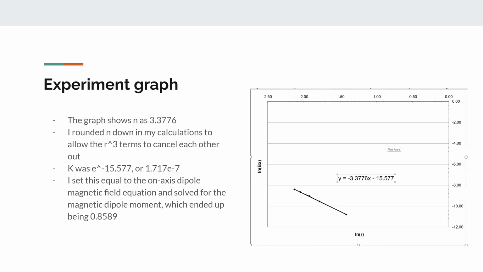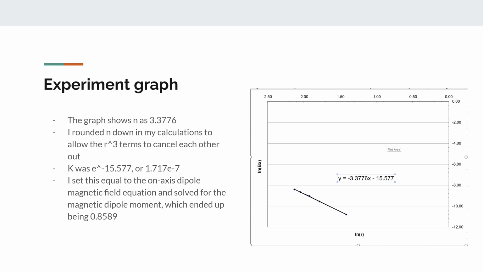So the graph that I got from my spreadsheet shows n as 3.3776. I rounded n down to allow the r cubed terms to cancel each other out when I'm solving for the magnetic dipole. So k came out to be around 1.7 times 10 to the negative 7th. That's just e to the slope intercept of this equation of this graph.